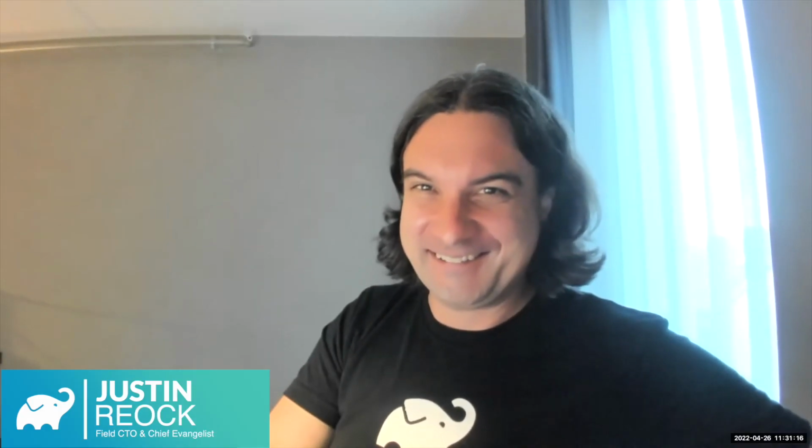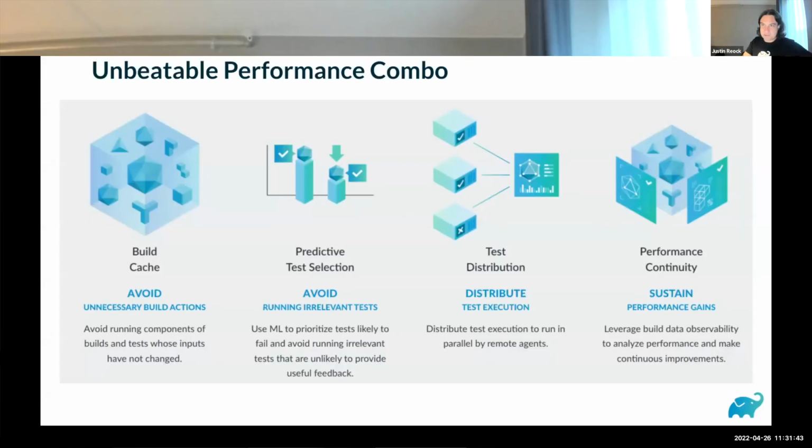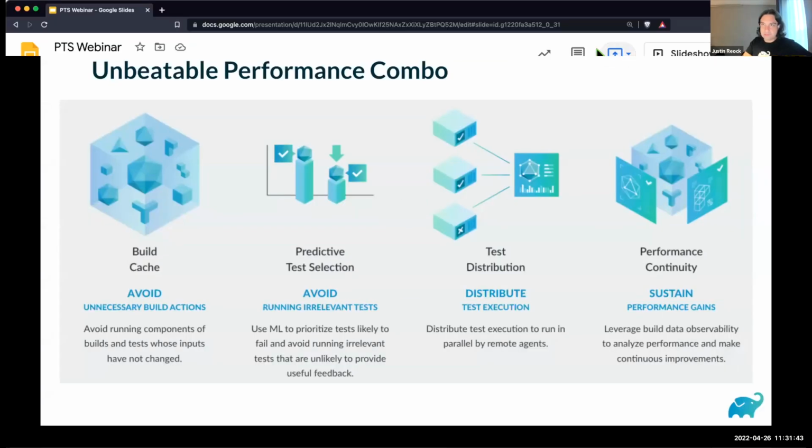We'll find out. So let's talk a little bit about combining this technology with some of the other Gradle Enterprise technologies that we already have for acceleration. Is this something that complements these things? How does that track with you?